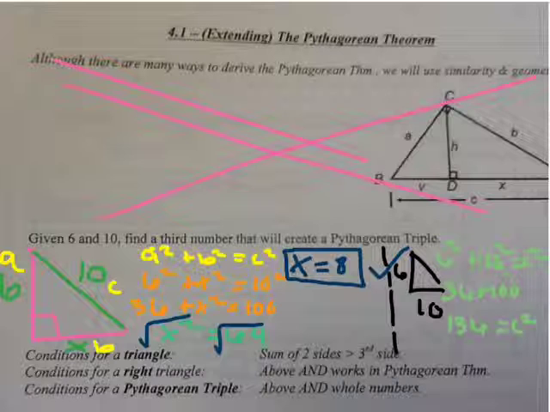If you square rooted both sides, 136 is not a whole number. You get a decimal. That decimal is about 11.7. That's not a whole number. So this does not work as our Pythagorean triple because we don't get a whole number. We get a whole number with the other one, so that means 8 would make it a Pythagorean triple.